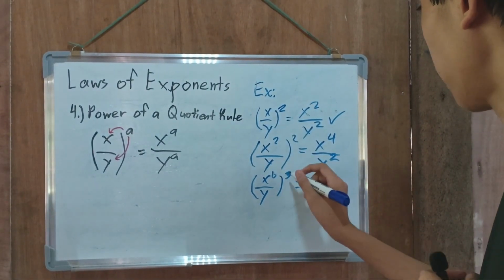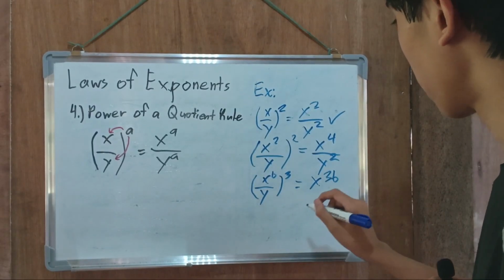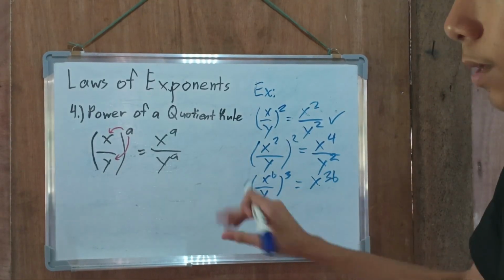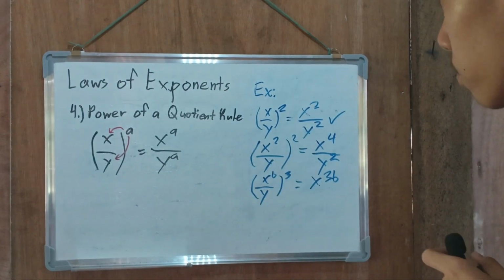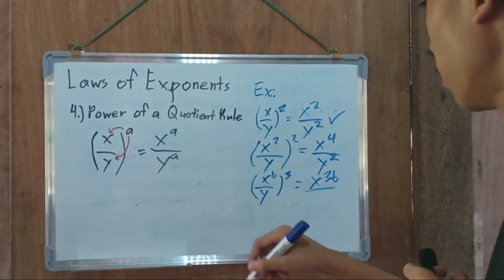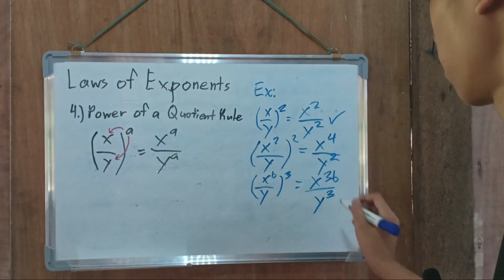So 3 times b is x raised to 3b. Actually, the first would be 3, then b, because the coefficient goes first, then the variable. So divided by y, this 3 distributes to y, which is y to the 3.